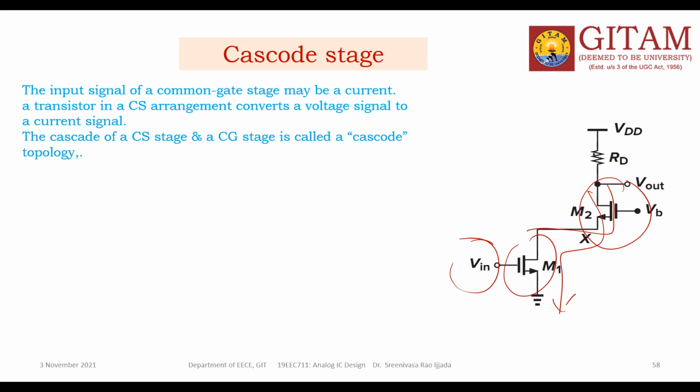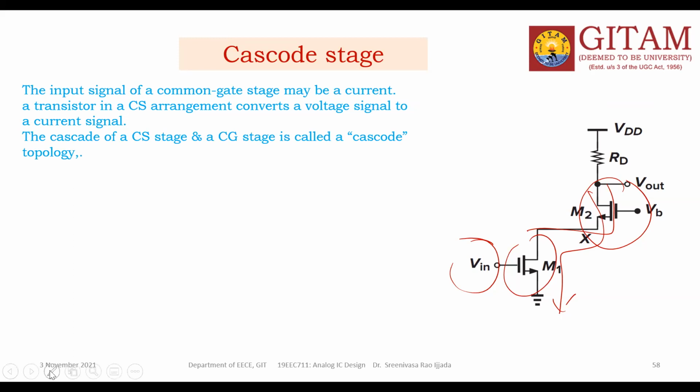Cascade: one output is connected to another input. The cascade of a CS stage and a CG stage is called the cascode, because the M2 device sits on top of the M1 device. Clear? Whose output drives the input of the other device.